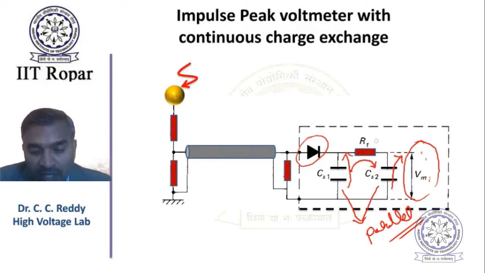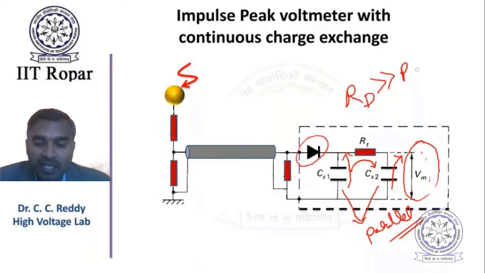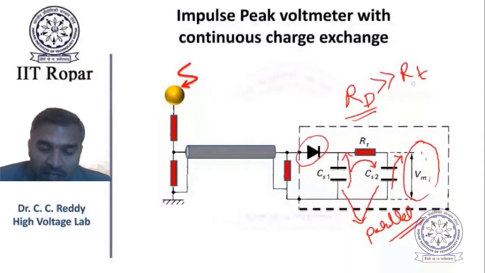After charging, when both of them are discharging through the diode resistance, of course the diode resistance RD should be much greater than RT. Otherwise, this won't work. So then the time constants will be different. If RD is higher than RT, then this will charge quickly.